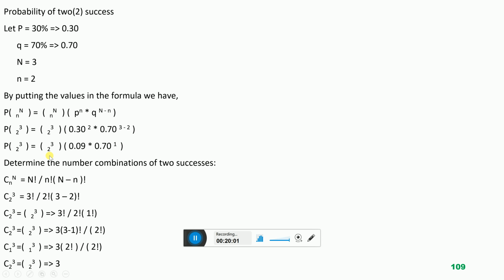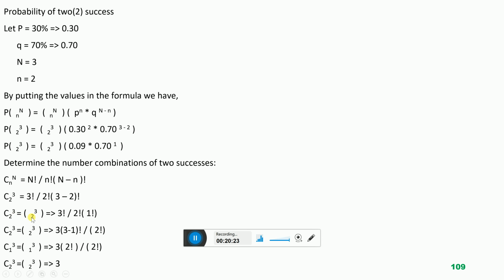Now again we will use the counting rule for combination to determine the number of combinations of two successes out of the 3 exams. So C(N,n) is equal to N factorial divided by n factorial multiplied by N minus n whole factorial. We just replace the values for N and n: 3 factorial divided by 2 factorial multiplied by 3 minus 2 whole factorial.